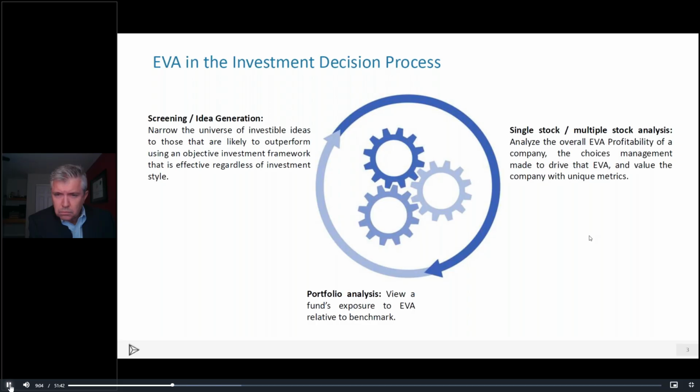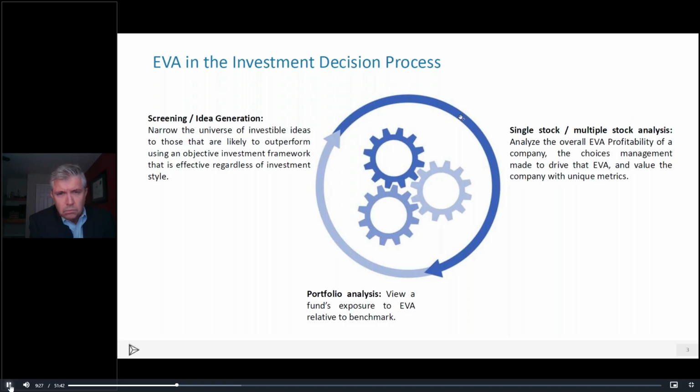How is EVA additive to the investment process? Really, it's sort of three main areas. We work on screening and idea generation. That's sort of working to narrow a large investable universe. This also feeds a lot of the research work that mine and Casey's teams are doing on a weekly basis. Single stock analysis.